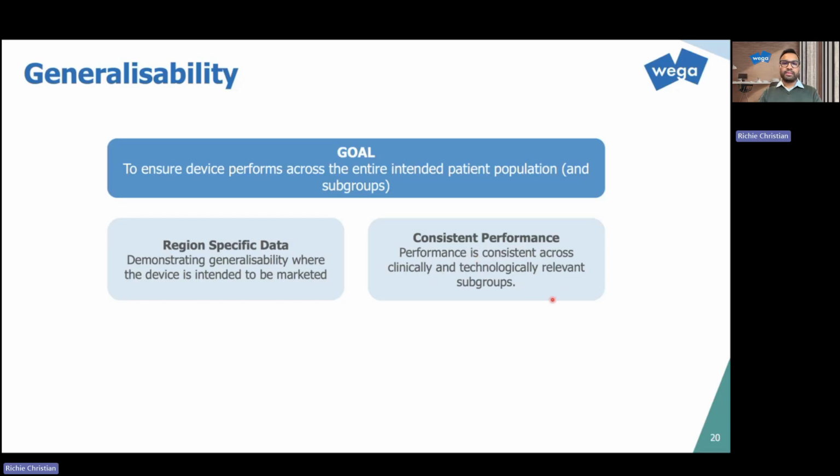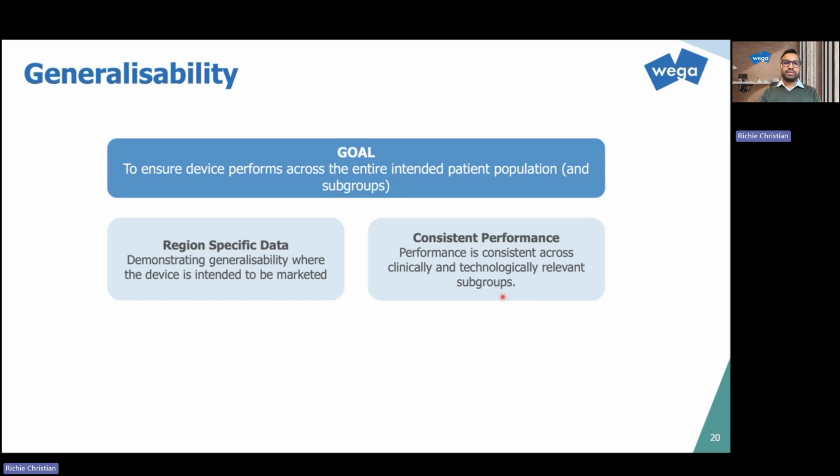So if specific kinds of ethnicities or age groups or sex, then it needs to perform consistently, even across different sites, hospitals, could be also different makes and models of acquisition equipment.